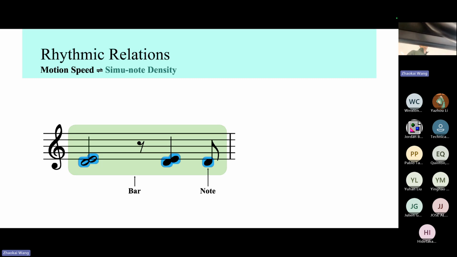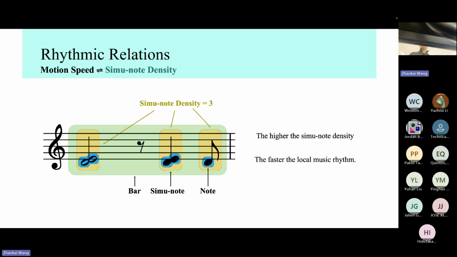So for the music feature, we define this seminode density. We need to first define a seminode. A seminode is defined as all the notes that have the same onset time in a bar. Like in this figure, there are 5 notes, but only 3 seminodes. And the seminode density is the number of seminodes in this bar, which is 3 in this case.